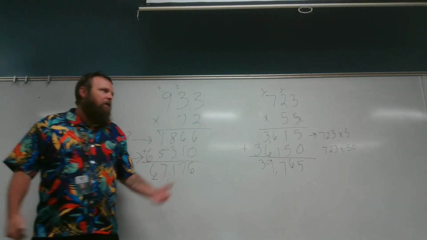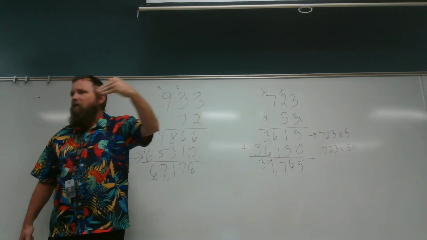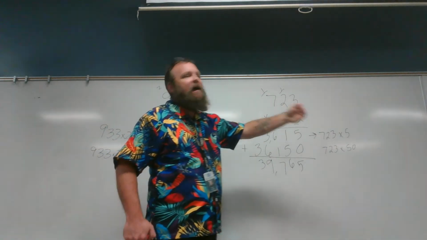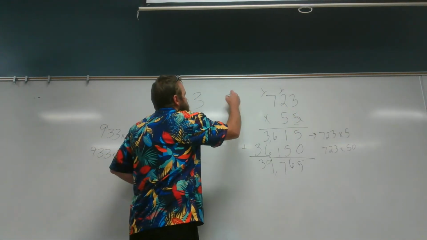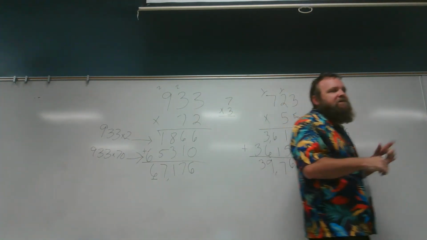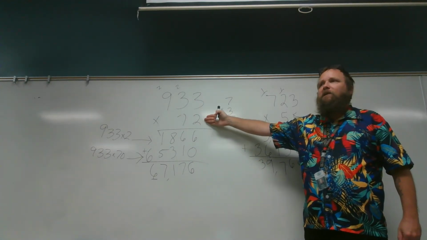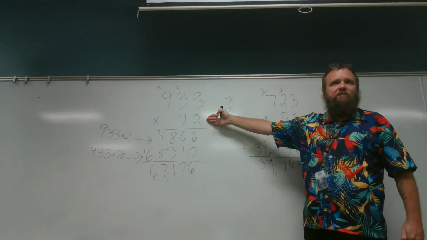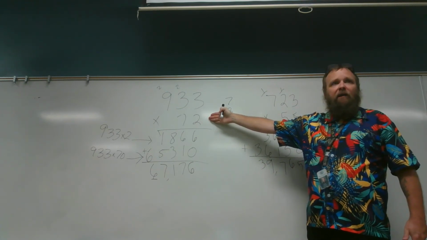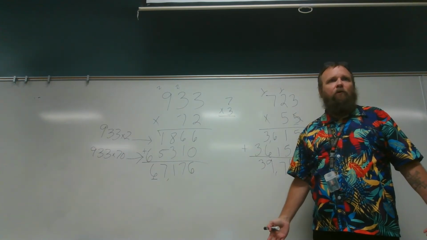But again, a 1 digit by a 1 digit, and a 1 digit by a 1 digit, and a 1 digit by a 1 digit. It never gets any more difficult than that. This is as difficult as this. The only difference is there are more steps. But if I said, hey, walk over to the window, you could walk over to the window, right?